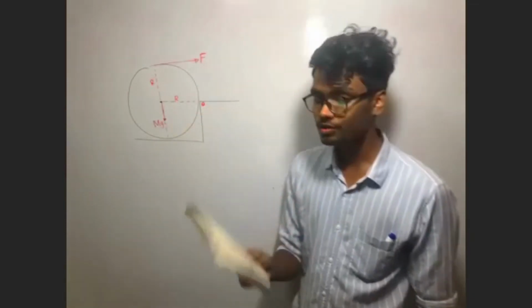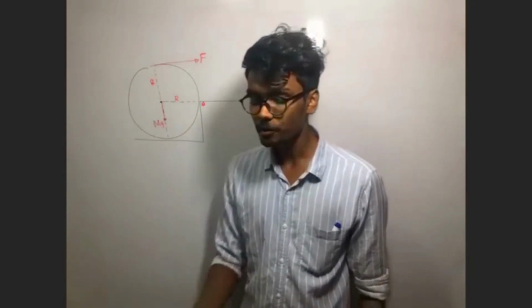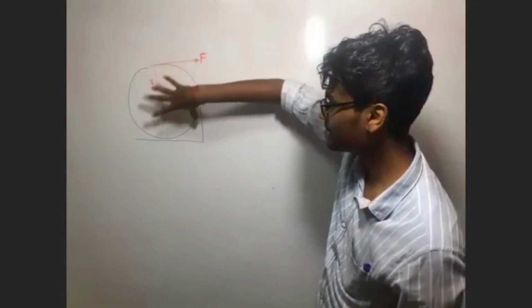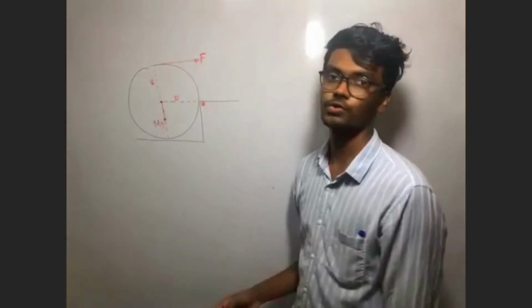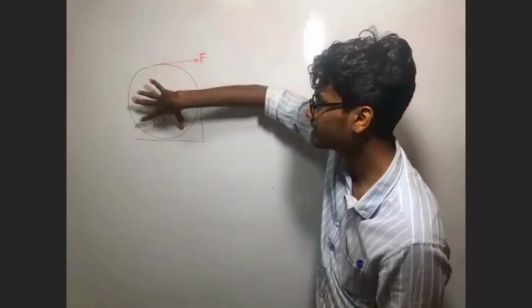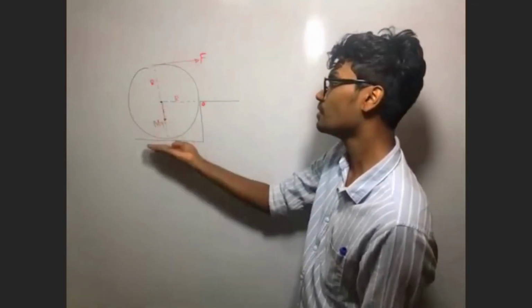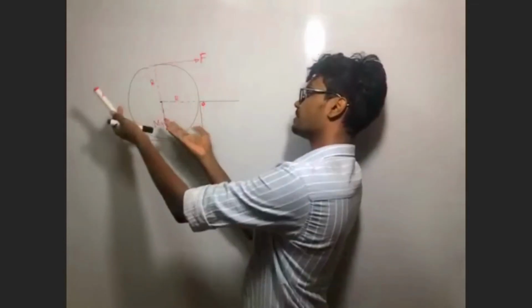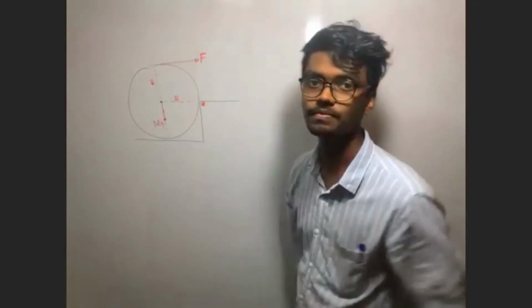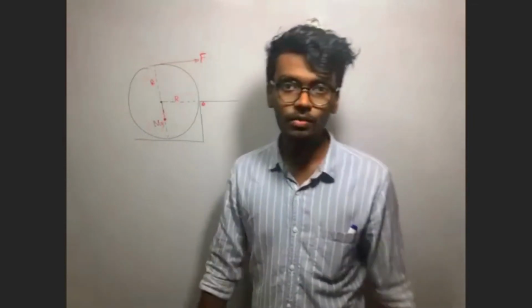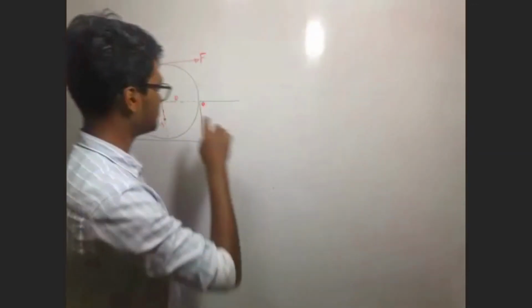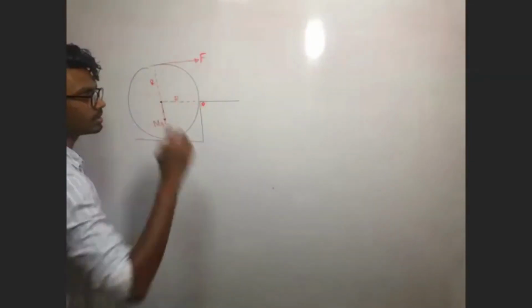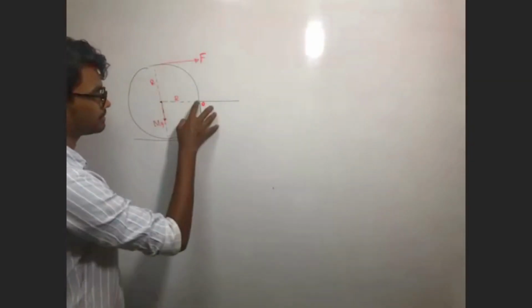They have asked the minimum value of the horizontal force F required to pull the coin over the step. When you apply minimum force, let's assume this just starts to shift. No circular motion. It's going to rotate around which point? Around this point.